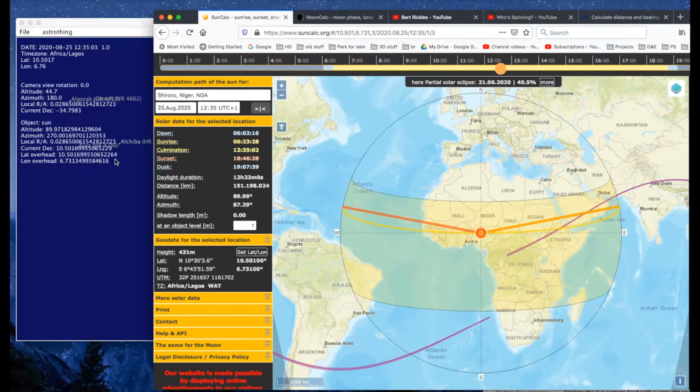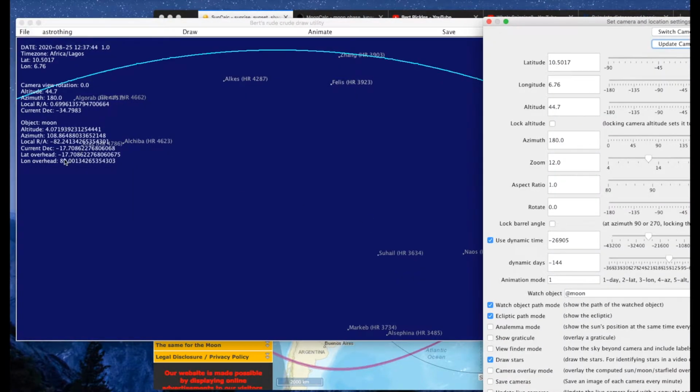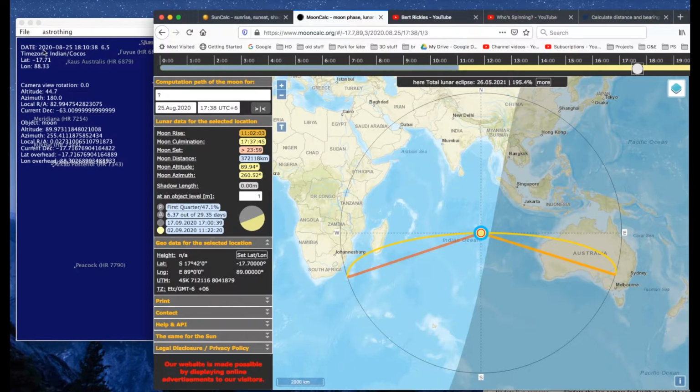I can also do the same thing for the moon. Here it's telling me the moon is on this day at a latitude of 17 degrees south and a longitude of 89 degrees. August 25th of 2020 for the moon, it was directly overhead over here at 17.716 degrees south and 88.3 degrees east, which is the same as that.